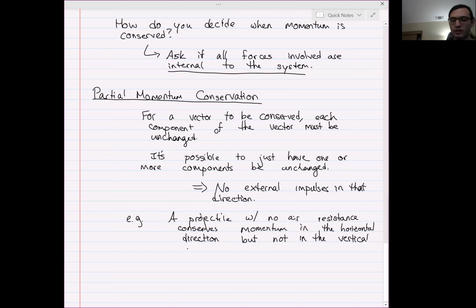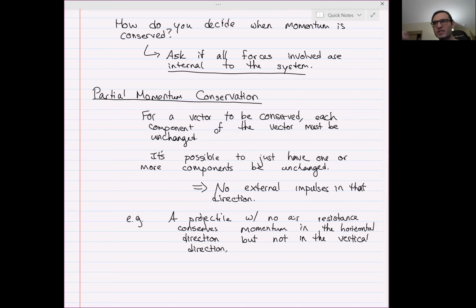So if there's no air resistance, that means that there's no forces that point left or right. Imagine throwing a baseball or something like that. There are no forces left or right. There's only gravity pointing downwards. It's the only force. And so the horizontal component of momentum would be conserved because there are no external impulses in the horizontal direction. On the other hand, the momentum in the vertical direction is not conserved because there is a vertical impulse.